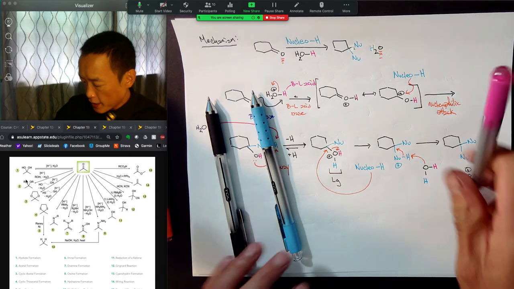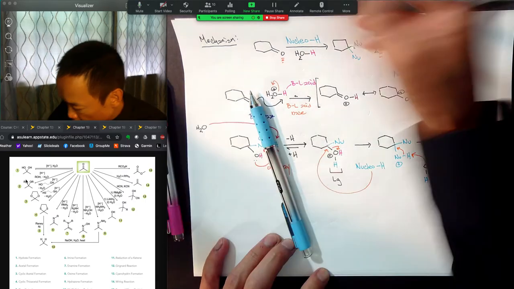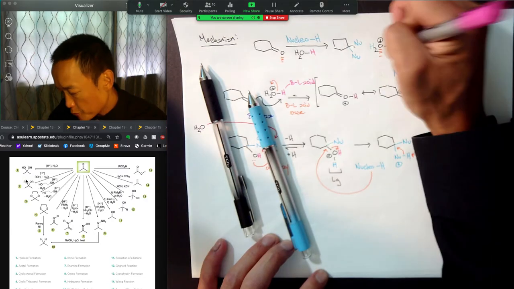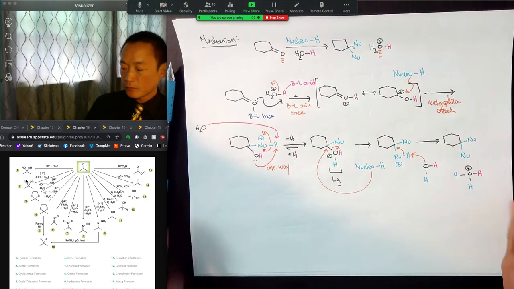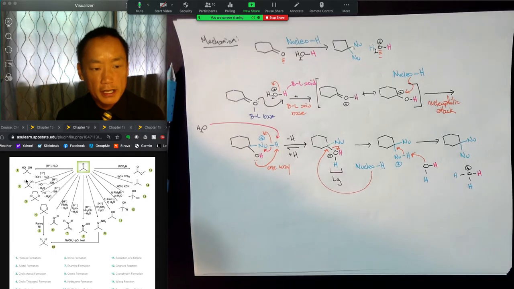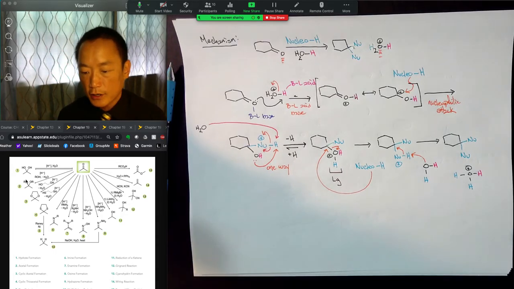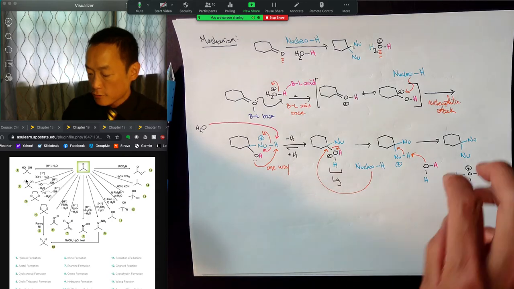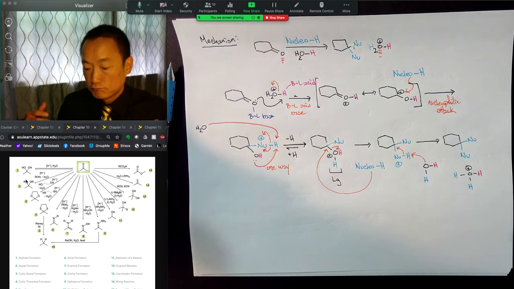And so I guess if I were to complete this up here, I'd put a plus charge there with the pink H right here. And so when we look at the reactions that occur when we add our nucleophile in the presence of acid, it looks like we add that nucleophile twice.